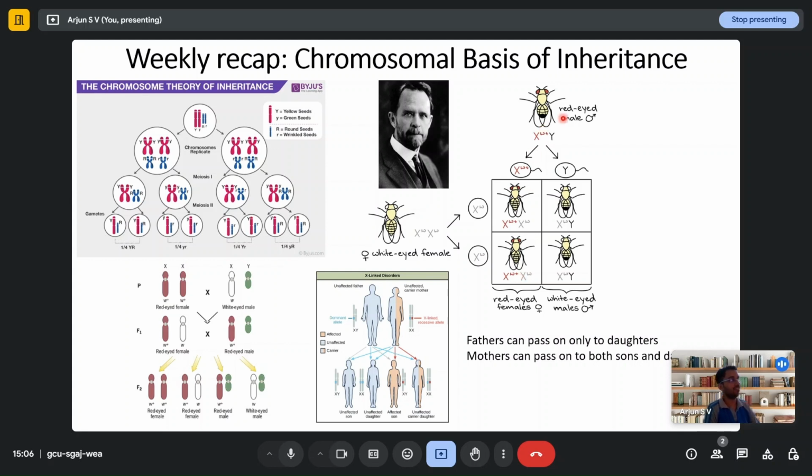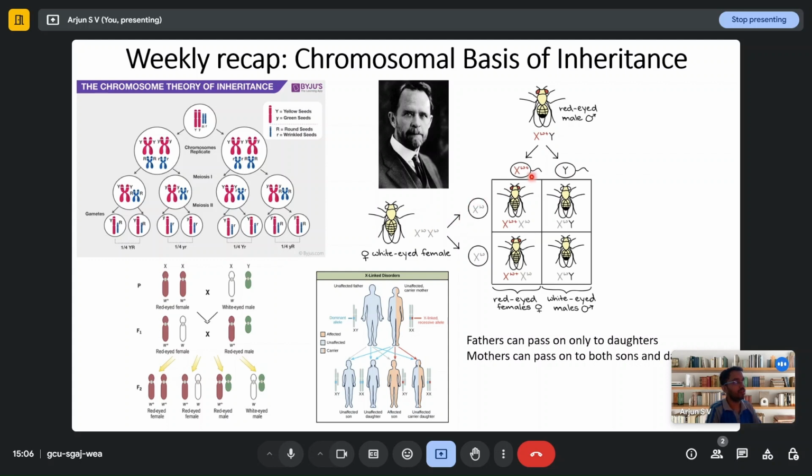And here we can see one such example where a red-eyed male is crossed with a white-eyed female, and the red eye is claimed to be a wild type variant, and the white eye is claimed to be a mutant variant. So the red eye is denoted by W plus, which is on the X chromosome and not on the Y chromosome, and the white-eyed female mutant is denoted by W, which is on the X chromosome.